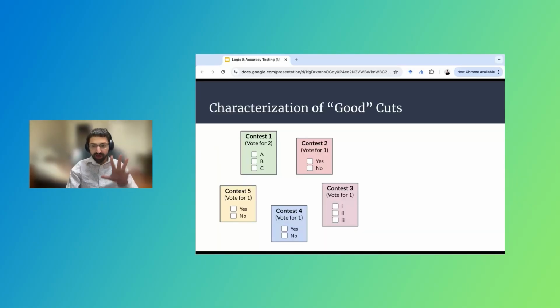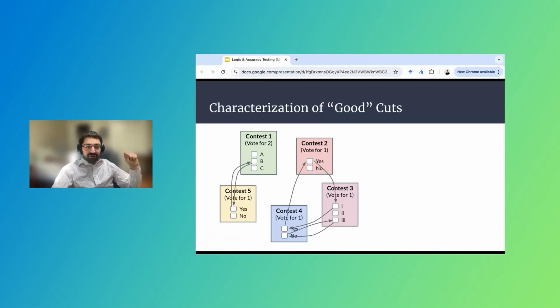So okay, here's the intuition. Let's suppose we have an election like this, consisting of 5 contests. So here we have a ballot style. These are the 5 different contests, different combinations of numbers of candidates and how many you can vote for. And let's suppose this algorithm I described has been running for a little while, and at some iteration found a test deck, and then found this as a bijection that would go undetected.